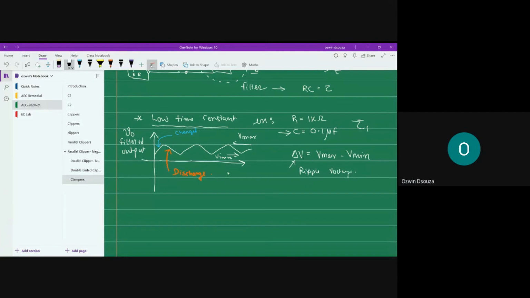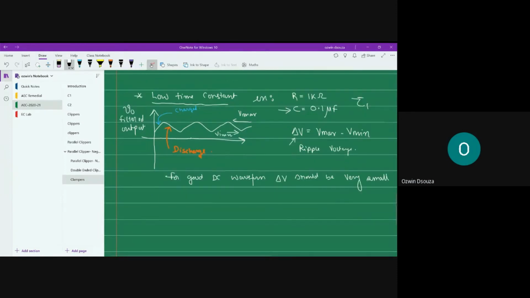Okay. For a good DC waveform, this ripple voltage delta V should be very small. So that's how we talk about the goodness of DC.